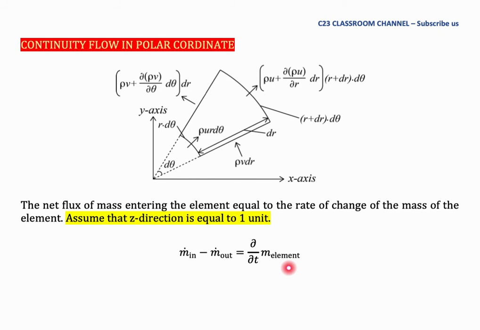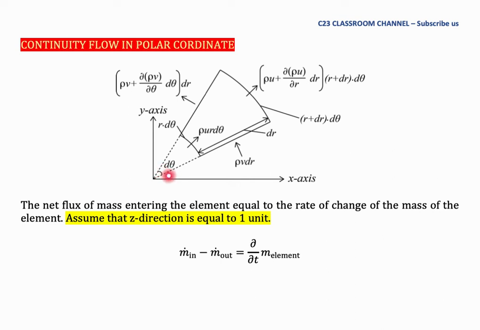And this is the continuity equation in polar coordinates. Again, the detail for this one was already taught in a previous lesson. This is the representative element for polar coordinates. If we extend this line, it actually comes from the origin or the axis of the circular motion.